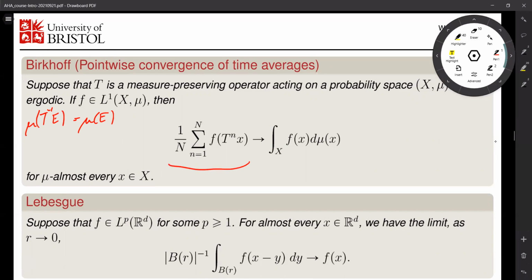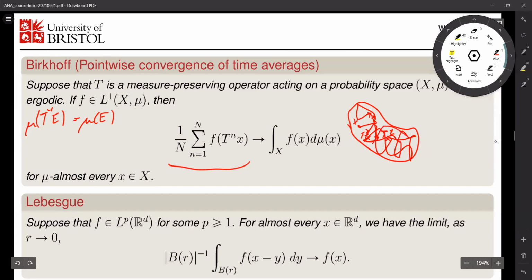okay, why is it called a time average? The picture is, I start with a little particle inside some space, and there's some dynamics acting on the space. This is X, that pushes it to T of X, and then it pushes it to T squared of X, and T cubed of X, and so on.